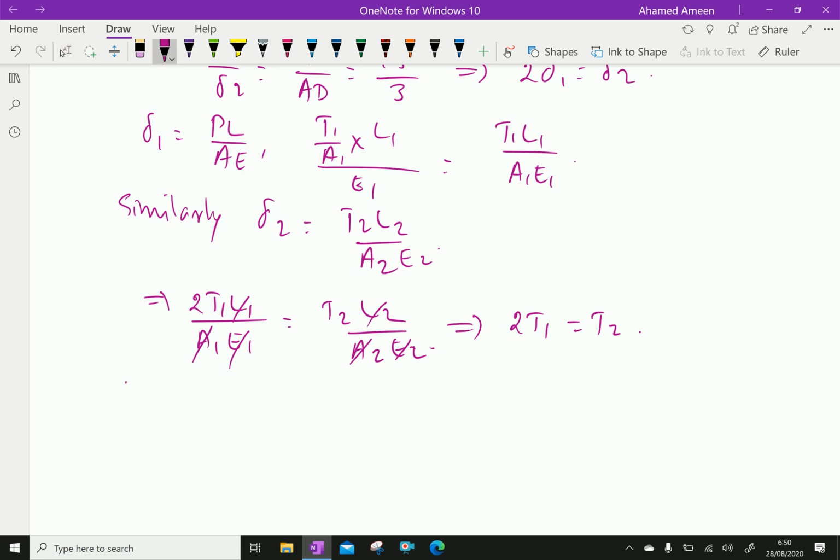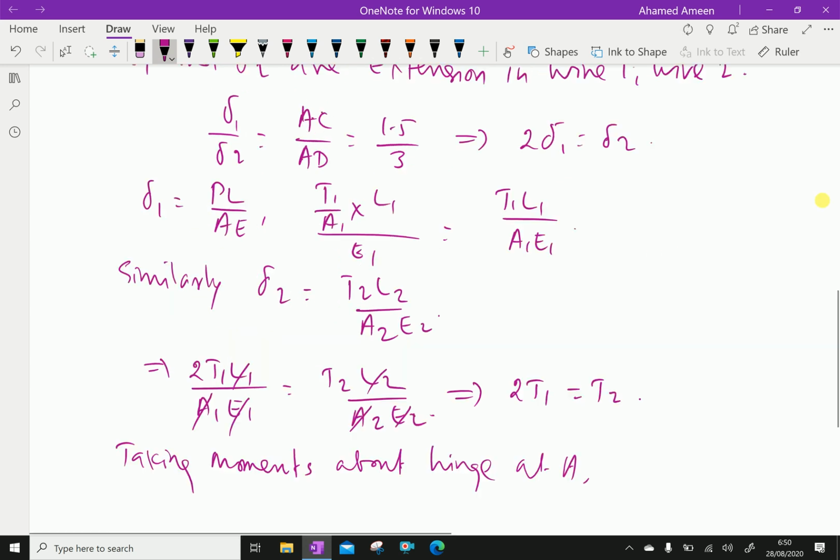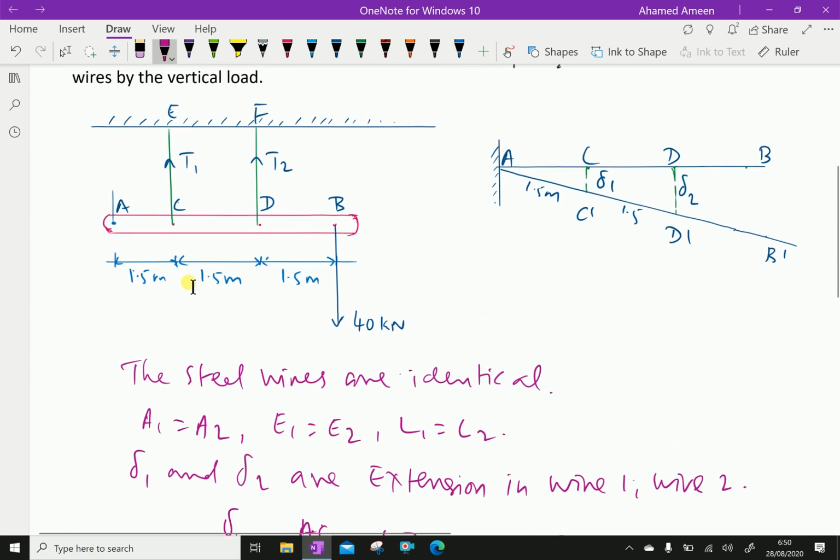Next, taking moments about the hinge at A, that means AC into T1 plus AD into T2 equal AB into 40.